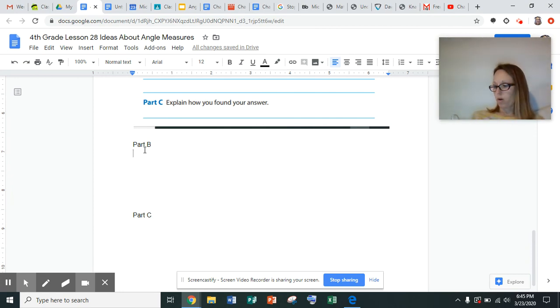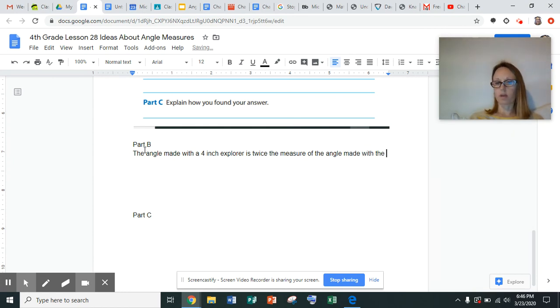So we are going to say the angle made with a 4-inch explorer is twice the measure of the angle made with the 8-inch explorer.